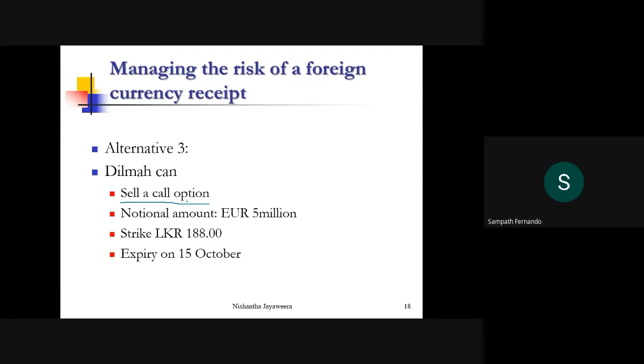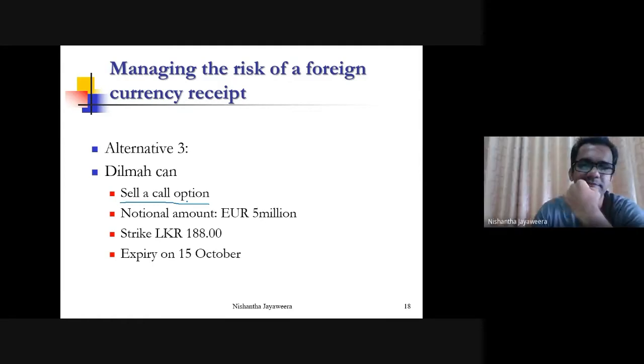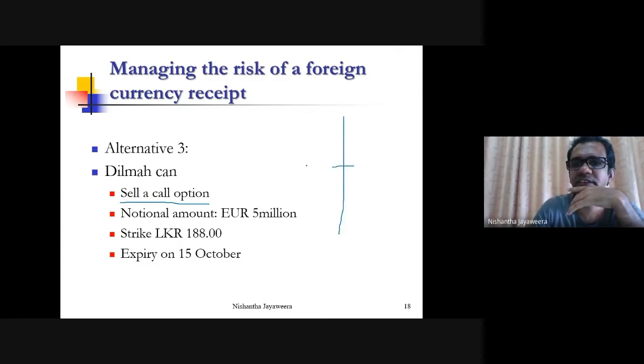The right to buy. The buyer has the right to buy. As a seller, if the party asks, you must sell. Now let's see. This is 188, the strike price they have agreed.